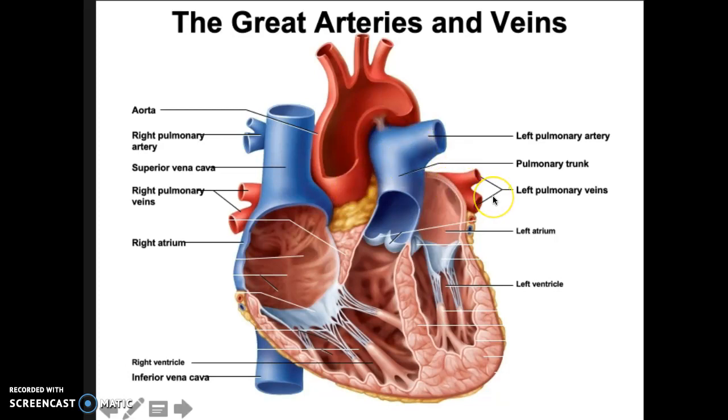Then we have the pulmonary veins, which bring oxygenated blood from the lungs and deposit that into the left atrium. Then the left ventricle sends blood into the aorta. Again, oxygenated blood is sent from the left ventricle into the aorta, and that blood is then sent to the entire body.